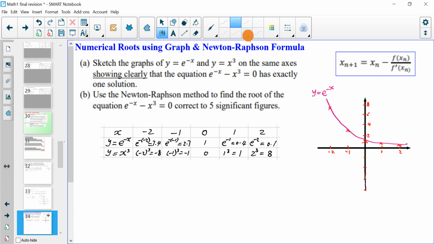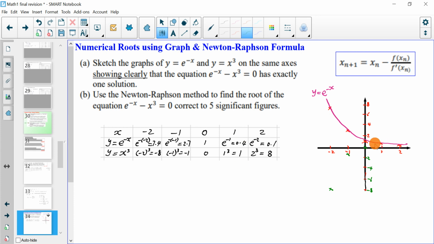Second one, I'm going to use the green for the x cubed. So minus 2 is x and minus 8 is y. So minus 2 and go down. Let me write the negative side of the y-axis. Minus 6, minus 8. So minus 2, minus 8 is right there. Next one, minus 1, minus 1. So minus 1 on x and minus 1 on y, it's here. And 0, 0 is the next one.